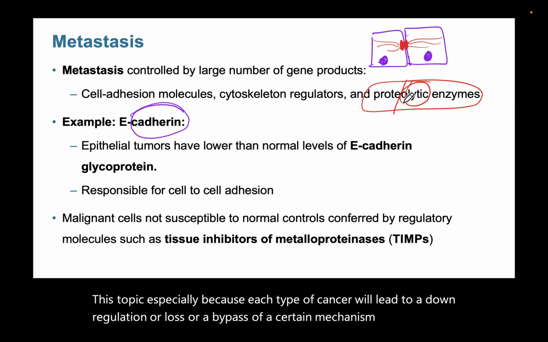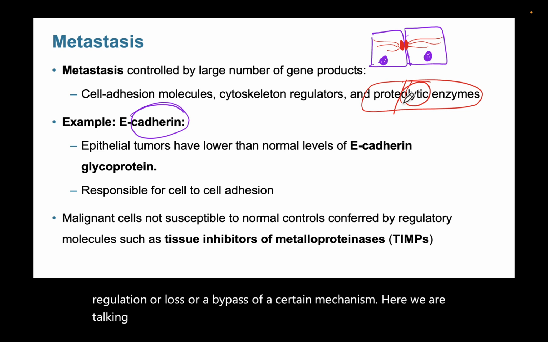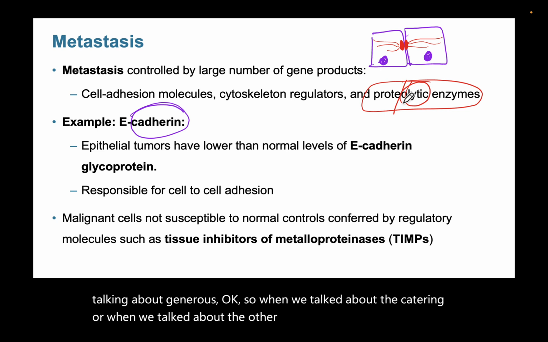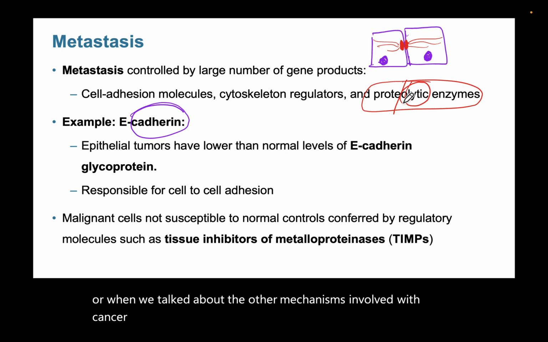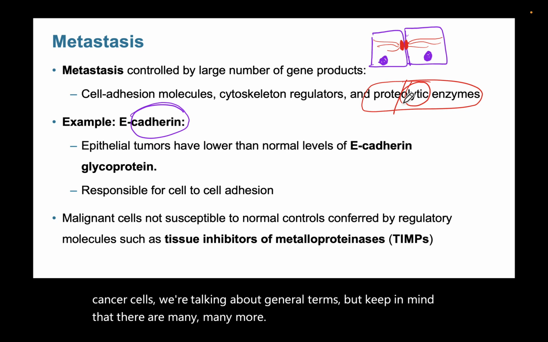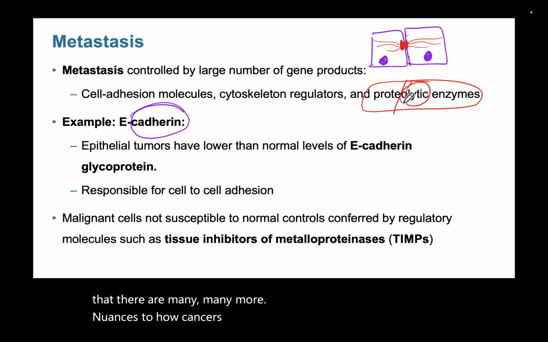Here we are talking about generals, okay? So when we talked about the cadherin or the other mechanisms involved with cancer cells, we're talking about general terms. But keep in mind that there are many more nuances to how cancers are regulated, to how cancers happen in the human body.